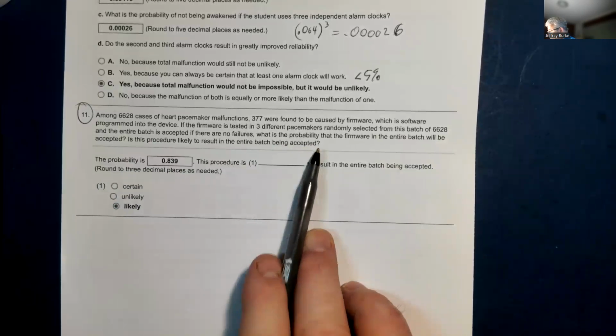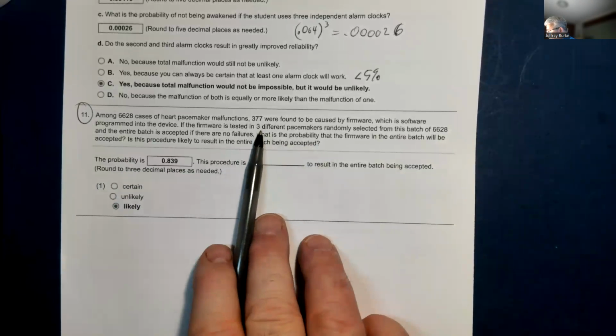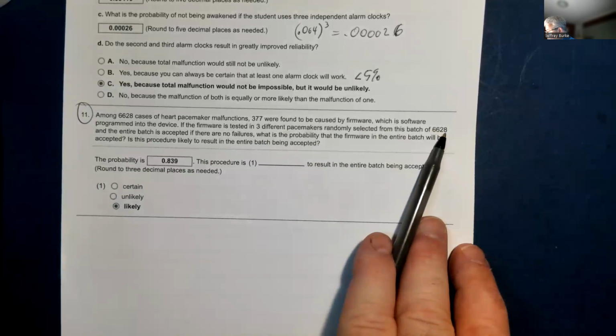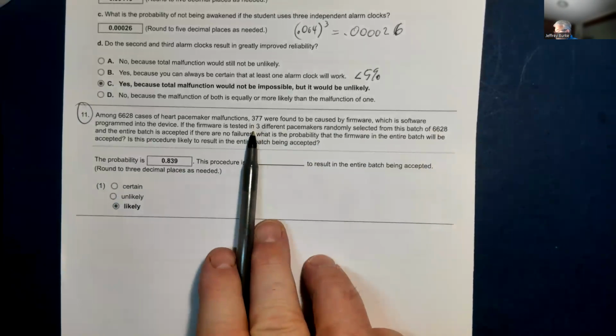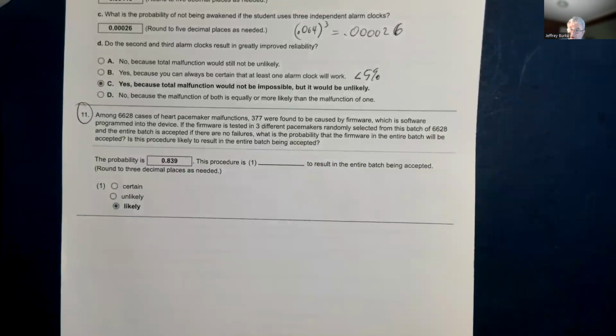Okay. So first off, when this is chosen, we're picking 3 out of 6,628. By doing so, the sample size is less than 5% of the population. So in terms of probability, we're going to categorize these as independent.